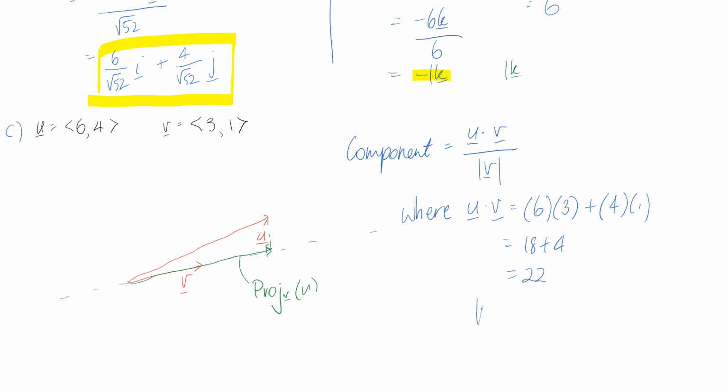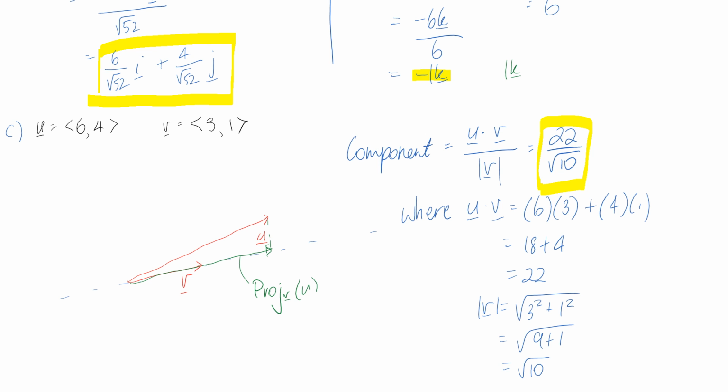And then if we look for the magnitude of our v vector, it's going to be the square root of 3 squared and 1 squared. So 9 plus 1, which is square root 10. So I can go back and substitute up in here. So we're going to get 22 divided by the square root of 10. So this here represents the length of that green line, or the scalar component in that direction.